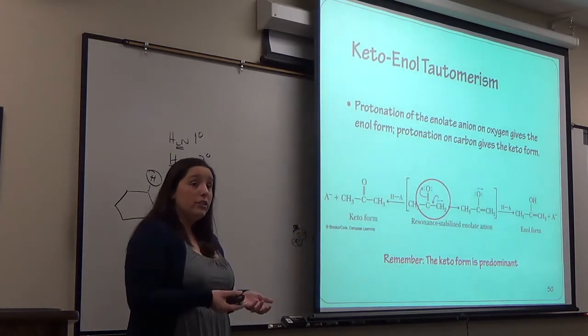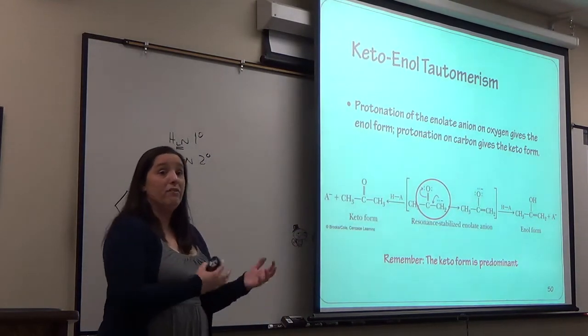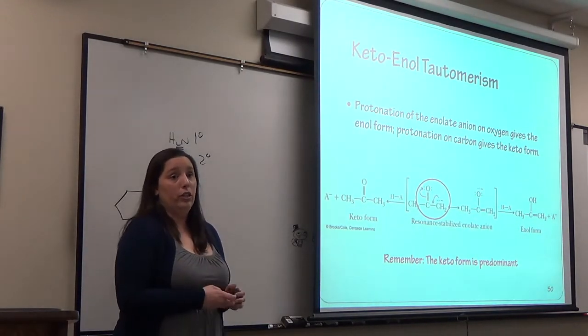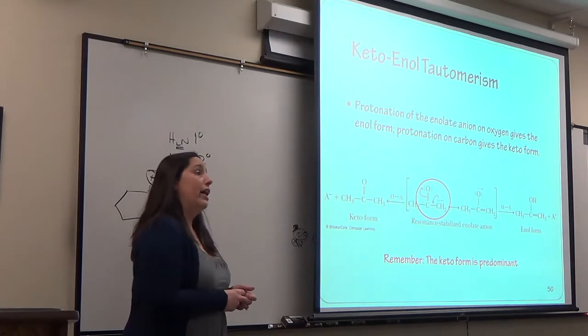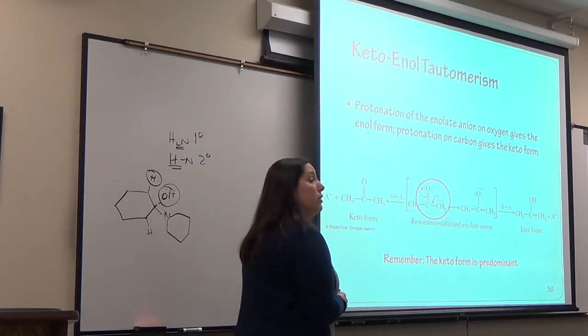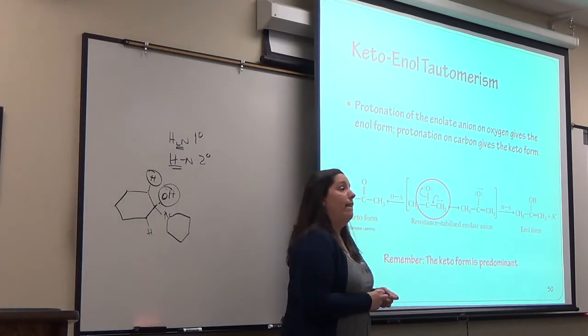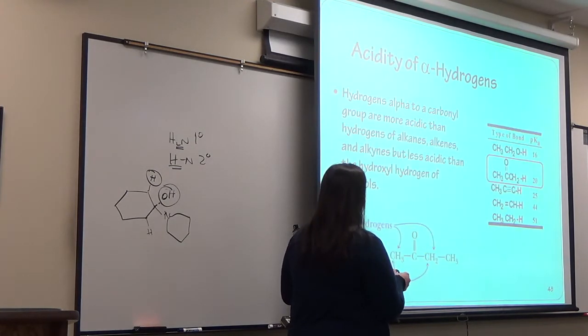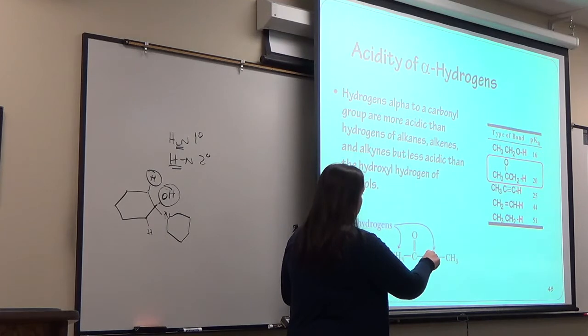And remember, oxygen would prefer to have a negative charge than a carbon, because oxygen is more electronegative. So consider that. Does this only happen with one side of the carbonyl? No, because this is available too.